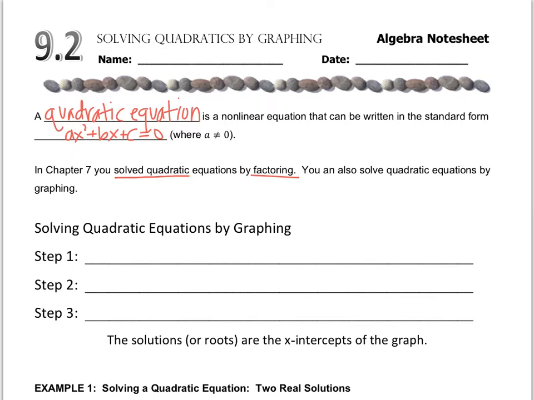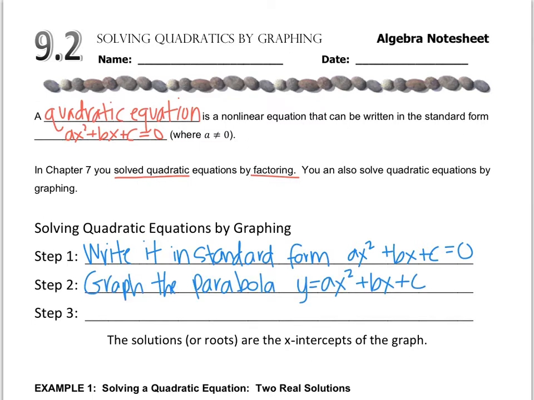One way that you can do it is by using our idea from Chapter 8 by making a graph. The first step is to just get it in standard form, ax squared plus bx plus c equals 0. Sometimes you just need to move things around or simplify to get it into this form. Then you use whatever method you need from Chapter 8 and you make the parabola, you make the graph.